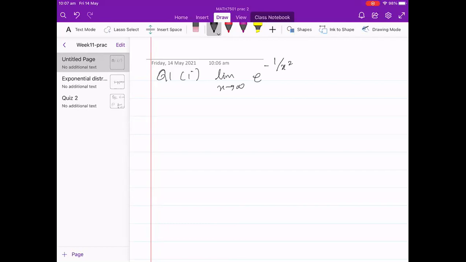How would you evaluate this? Anyone? E to the power 0, why? Ashish.